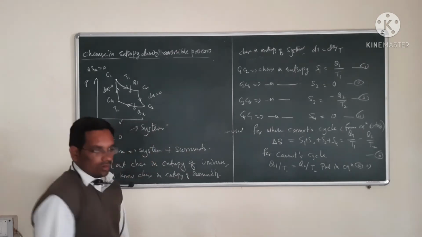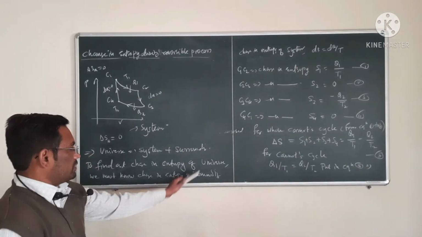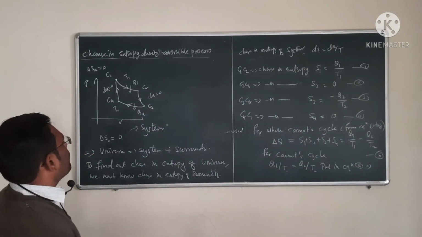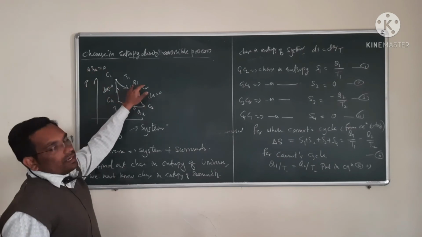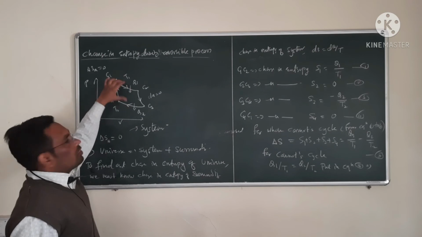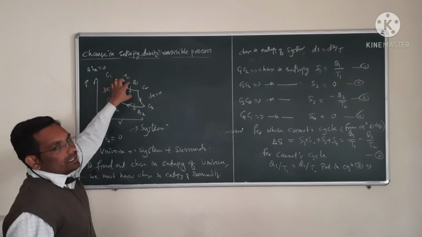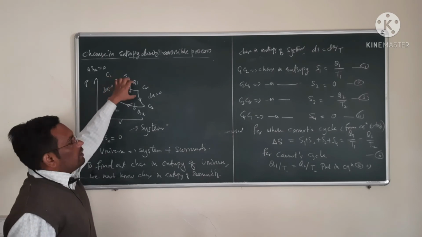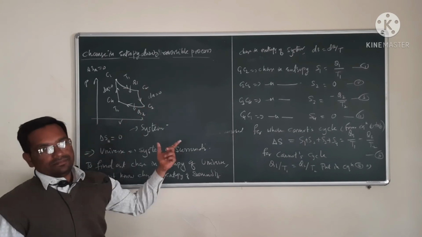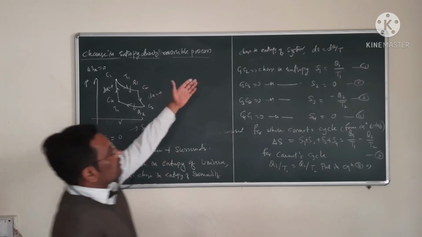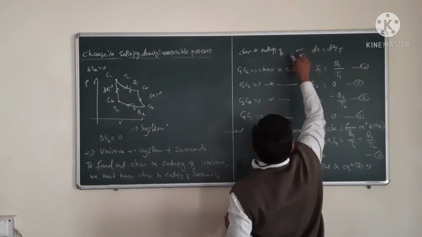Okay. Now to find out the change in entropy of the surrounding, see, Q1 is the amount of heat energy absorbed by the system. Q1 is the amount of heat energy that the system has absorbed. That means the surrounding must have rejected that heat energy. Okay, here we find the change in entropy of the surrounding.